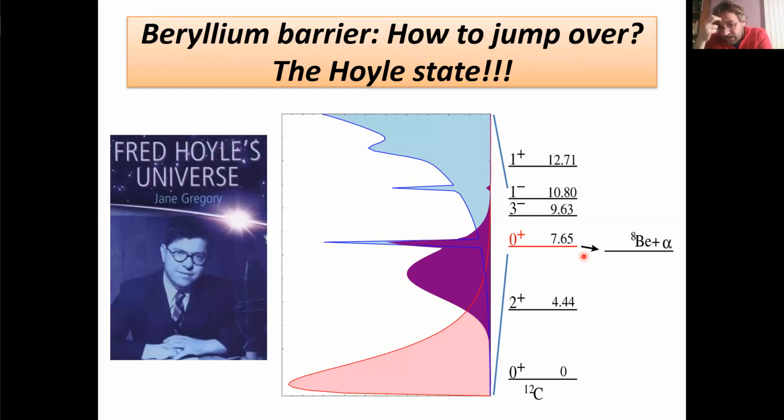So 3 out of 10,000 would have managed that somehow the nucleus stabilizes itself by the emission of a gamma ray down here, or of very special radiation, electrons, down here.